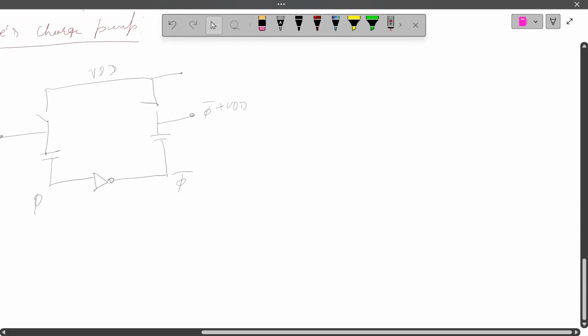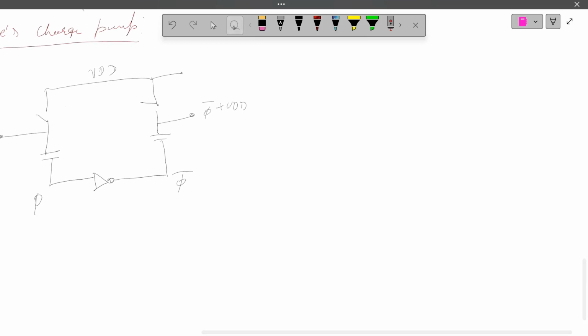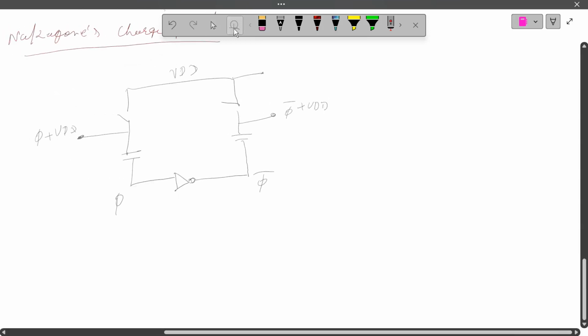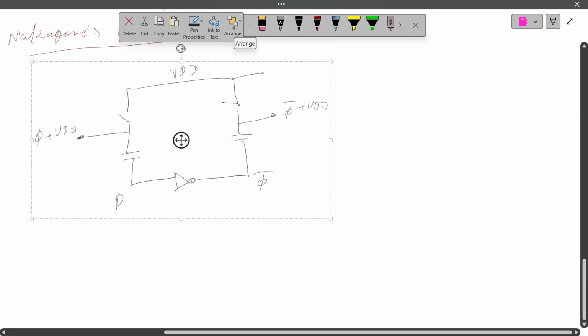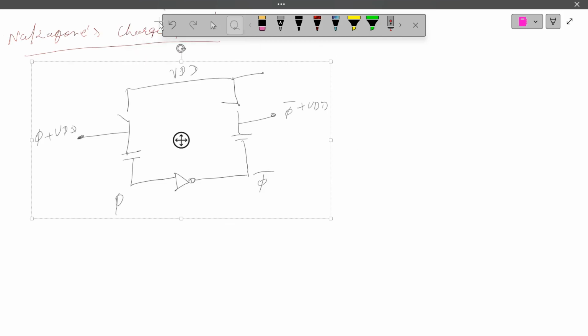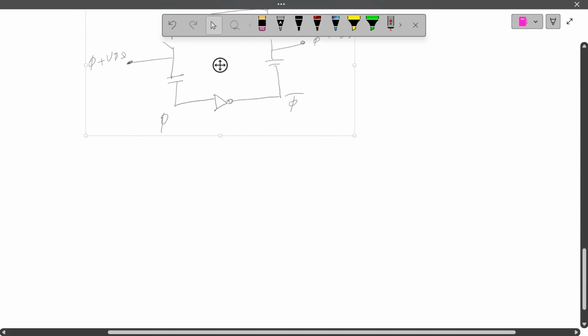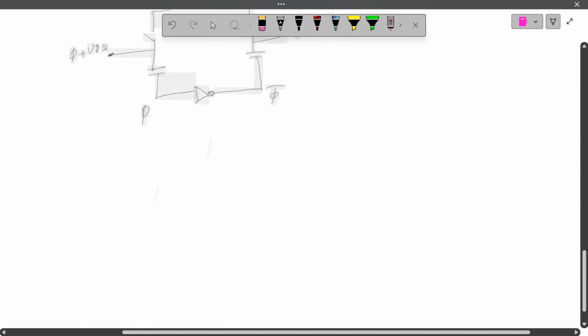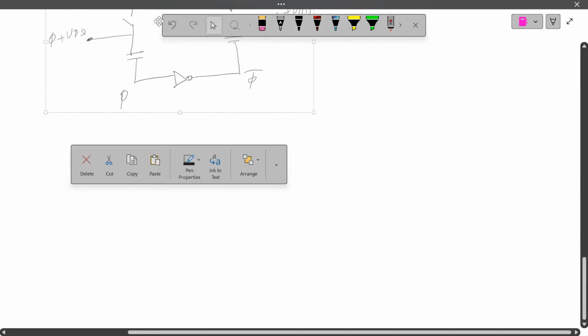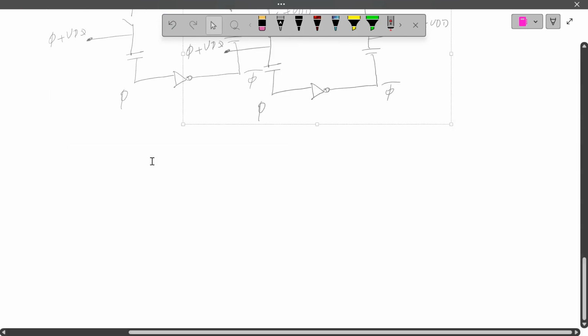We can replace this circuit by the NMOS, right? So how will it charge up to 2 VDD? Let's take a look. Okay, I'm going to explain.